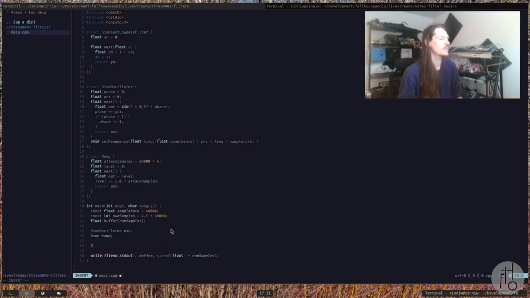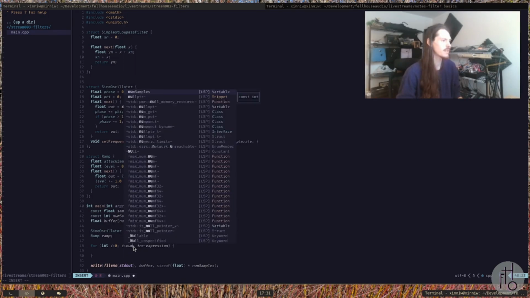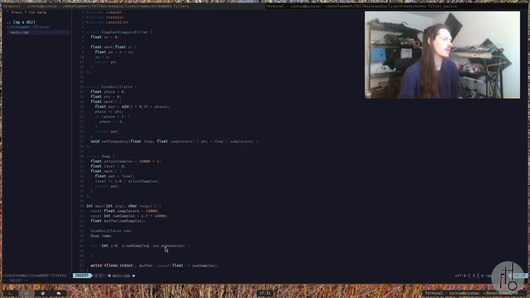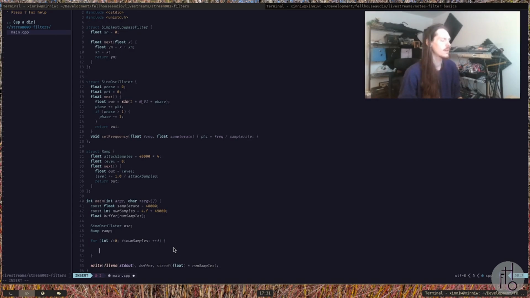And then we're just going to say for int i = 0; i < numSamples; ++i. We're going to say osc.setFrequency. So let's just sweep this from 20 Hz to 20 kHz.